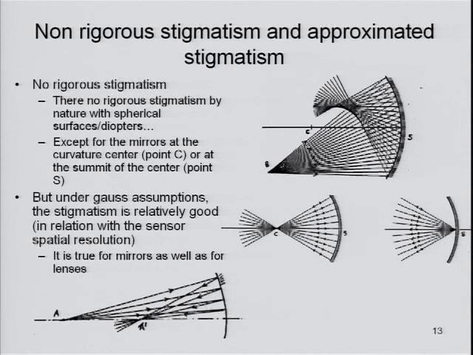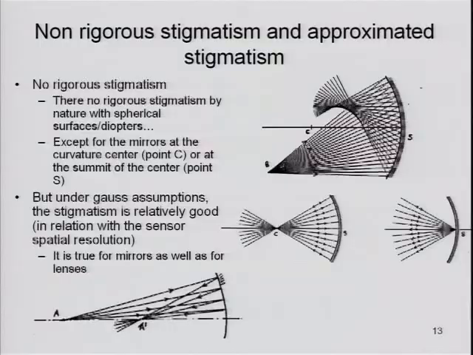So under the Gauss assumptions that I will show you on the next slide, we can consider that spherical lenses or spherical mirrors are nearly stigmatic, or quite okay, but this is related to the quality of the image that you want or the resolution of your sensor, so it could be the size of your CCD, for instance.